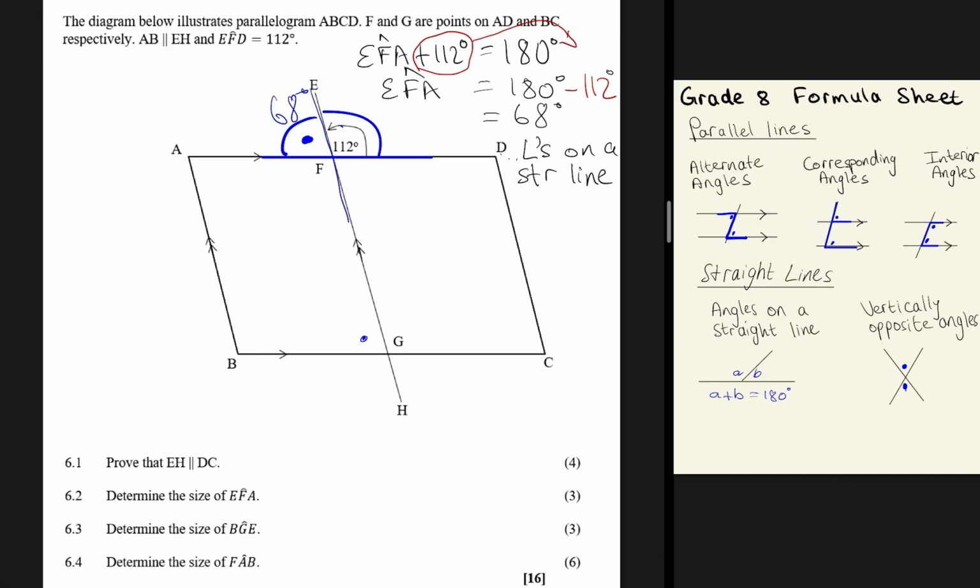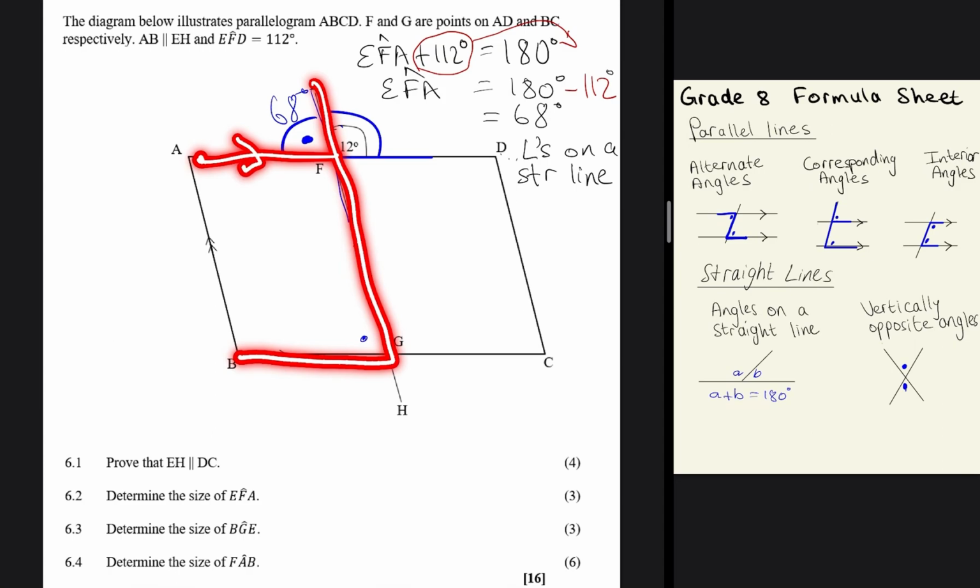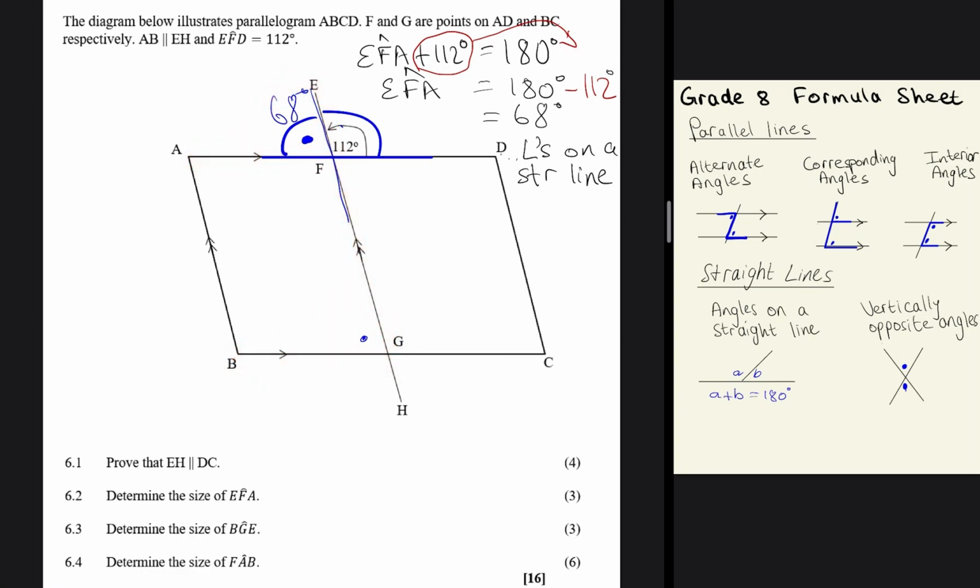Here's the F. It's an upside down F, but it's still an F. Why? Because this line over here, AD, is parallel to line BC, like we explained at the beginning. Therefore, this angle here, angle EFA, is equal to this angle. Both of them are 68, and that will be your answer. So I'm just going to write 68 for now.